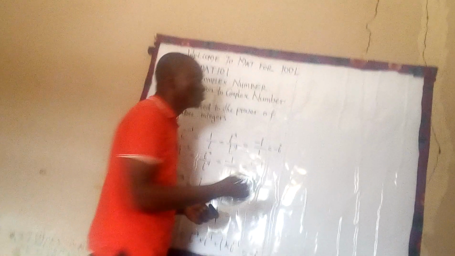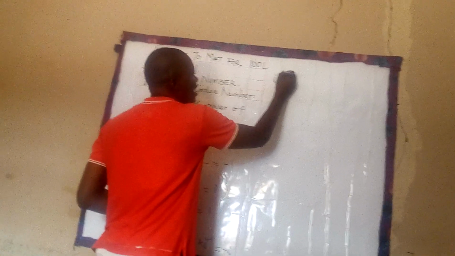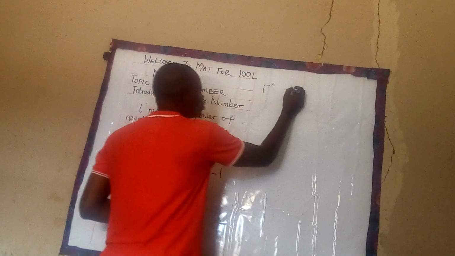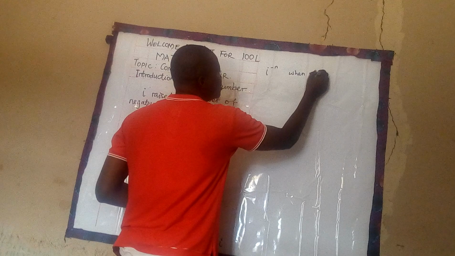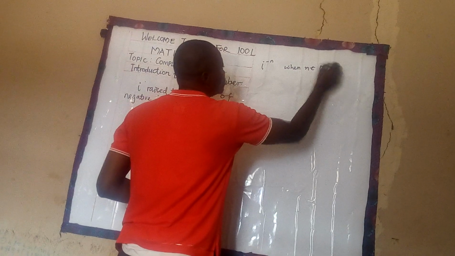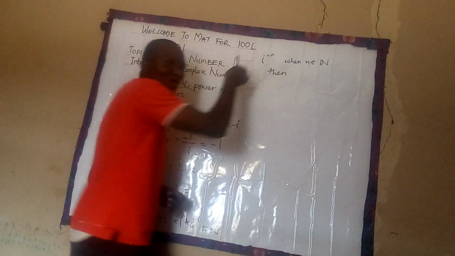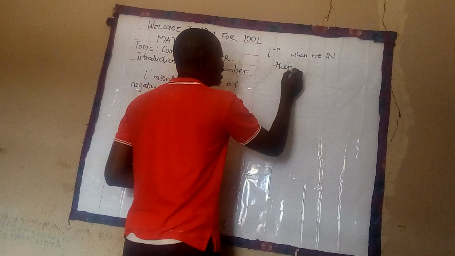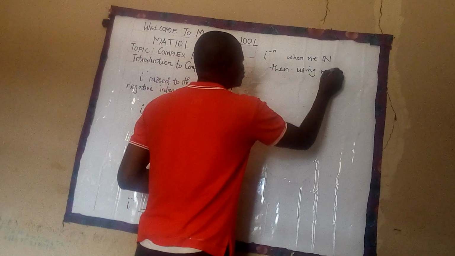So what is the way to solve it? It is very simple. When you want to find i raised to the power of negative n, where n is an element of the natural numbers, you have to find the modulus of negative n using modular arithmetic.